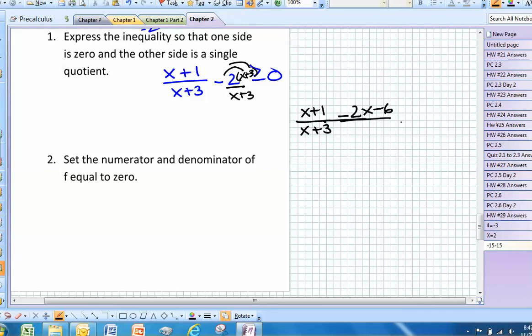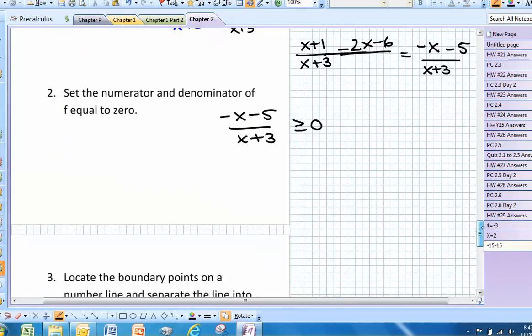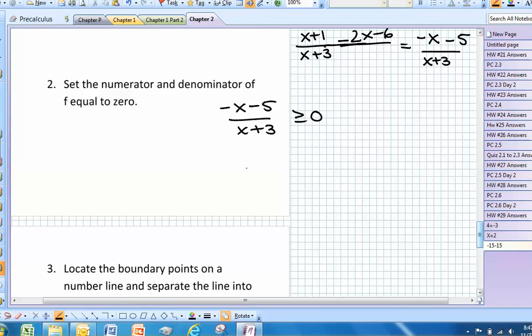So we combine like terms, and we get negative x minus 5 over x plus 3, and that is greater than or equal to 0. Then set the numerator and denominator equal to 0. If I set the numerator equal to 0, I get x equals negative 5. The denominator equal to 0, I get x equals negative 3. Those are our boundary points.